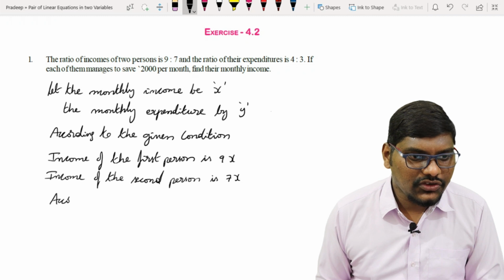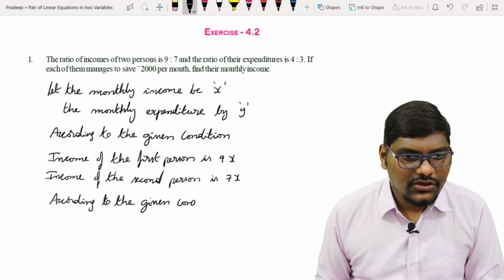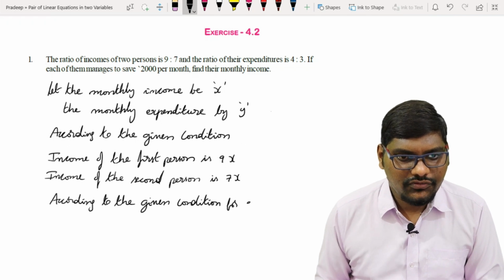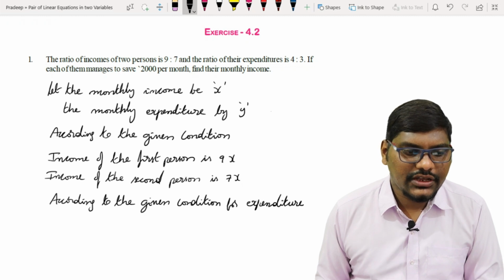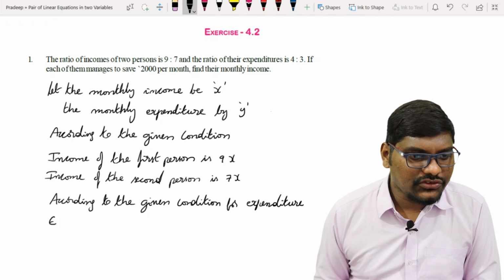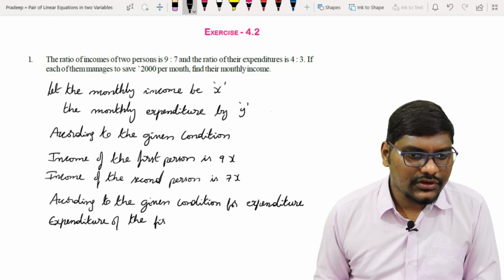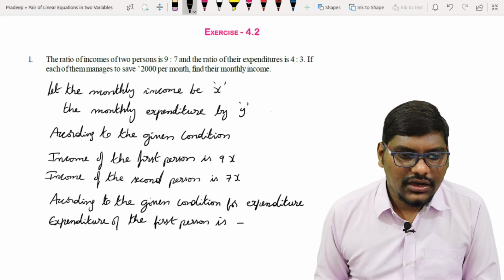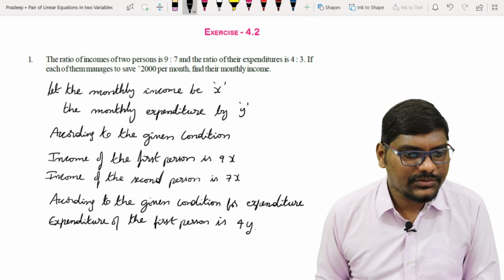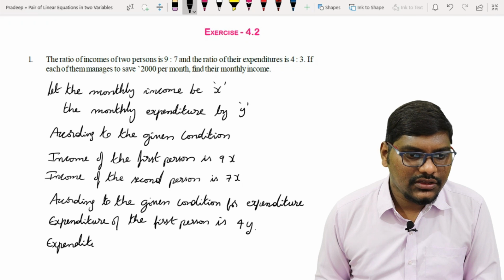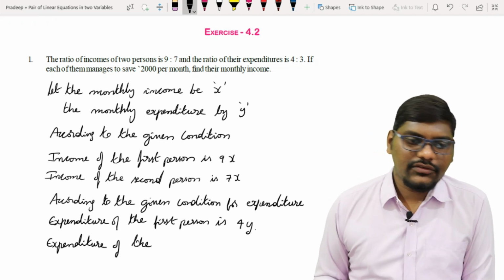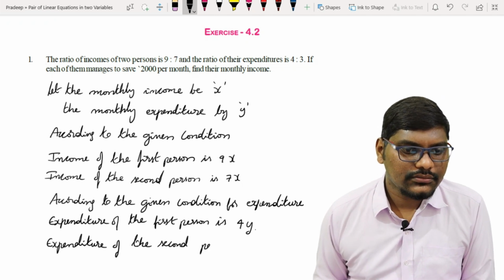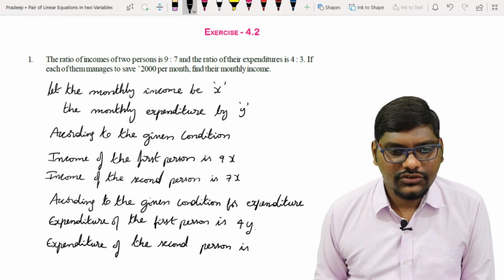According to the condition for expenditure, the expenditure of the first person is in the ratio 4:3. So with Y, I can write 4y for the first person. And for the second person, it is 3, so I can write 3y.